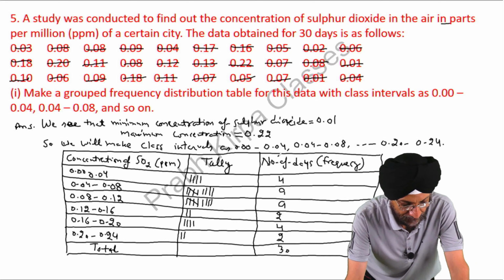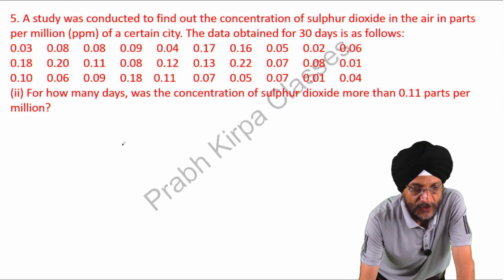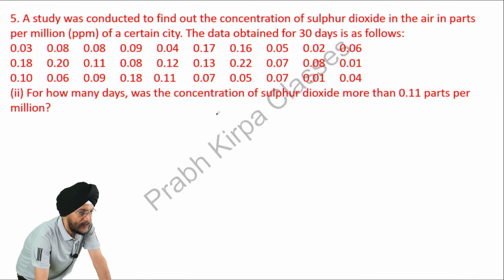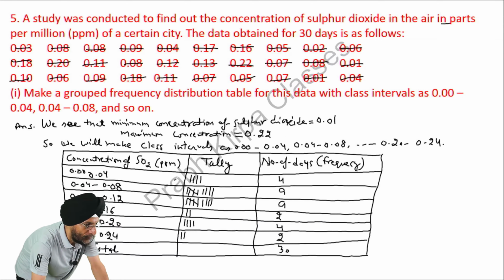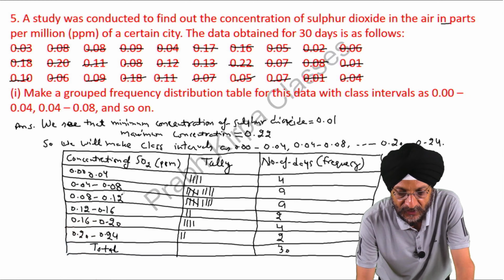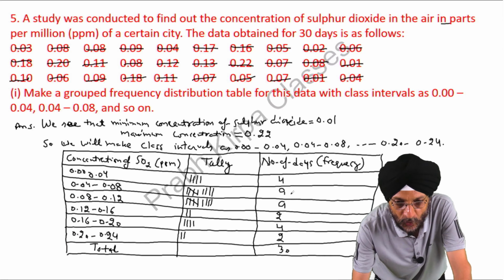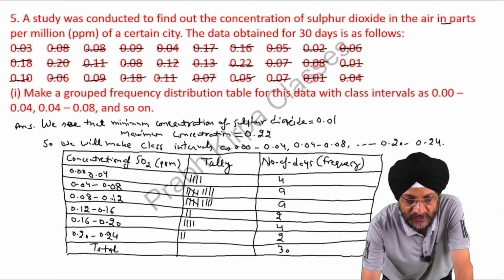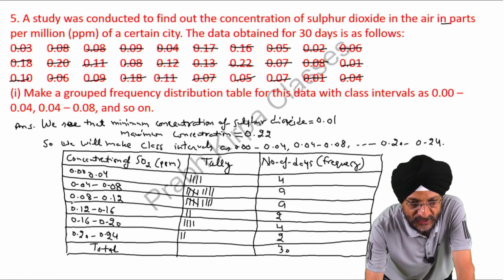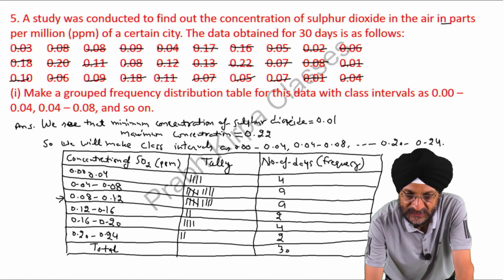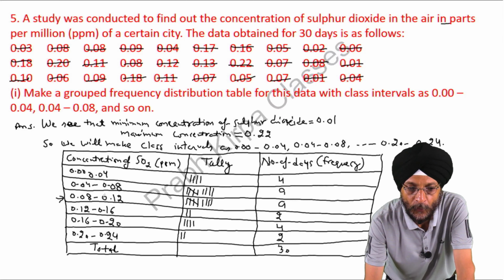Now the next part of this question is: for how many days was the concentration of sulfur dioxide more than 0.11 parts per million? In this class interval, all the entries are up to 0.11, less than 0.12.